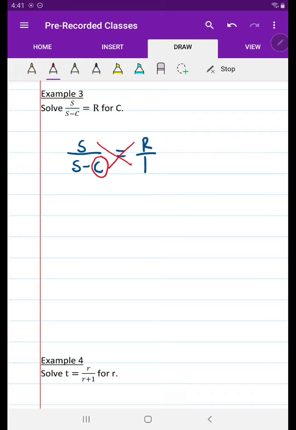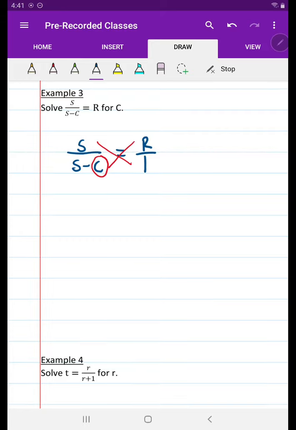And so if I cross multiply, I'll have s equals r times s minus c. And remember, we're trying to get c by itself. Okay, so now it's stuck in those parentheses, so we want to get it out of those parentheses, so we could divide both sides by r.